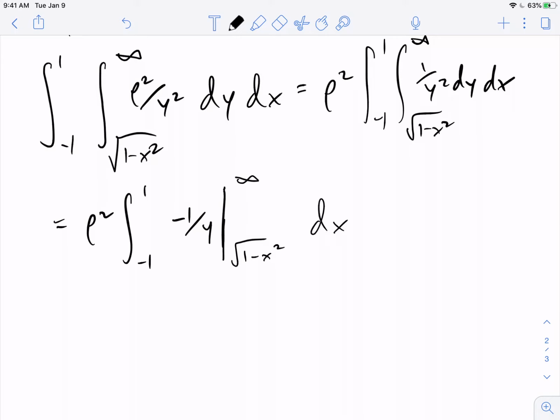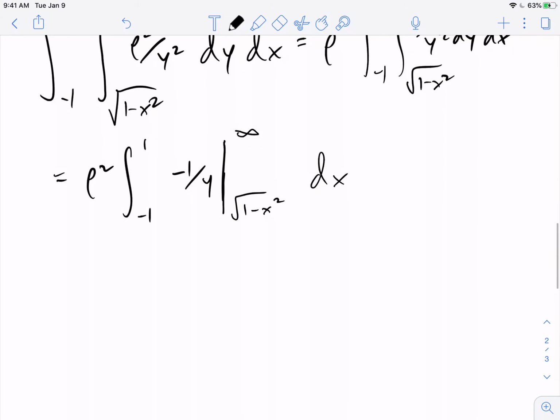Okay, so like I said, technically this is an improper integral, this integration with respect to y, because I'm going to infinity, and so I should be taking the limit of this value as y goes to infinity. That's just 0, and so this infinite part doesn't contribute. And what I'm left with is this evaluation here.